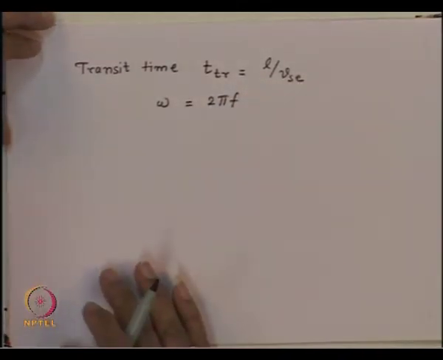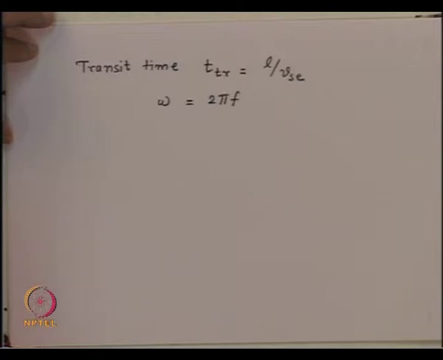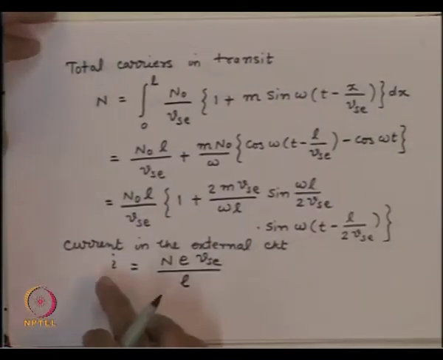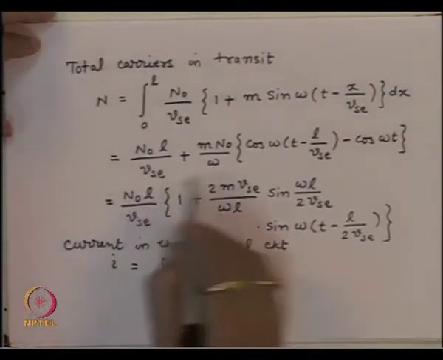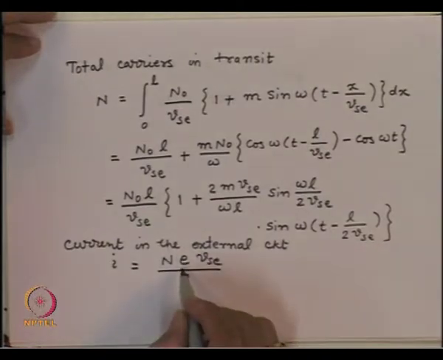So, this expression which we have got for now, the current. If I multiply this quantity by E VSE upon L, we get this current.